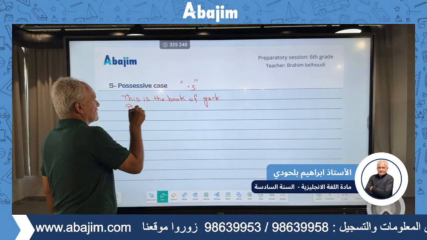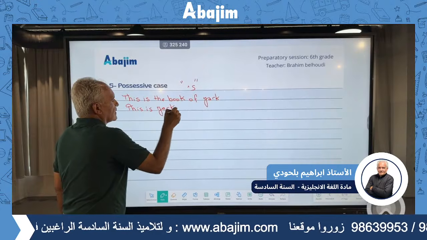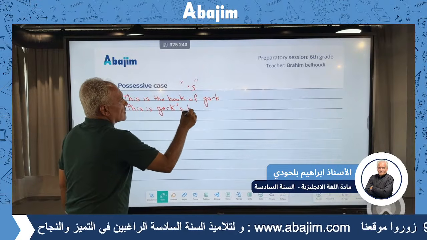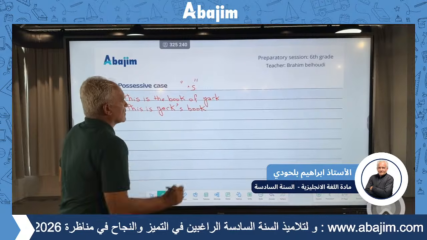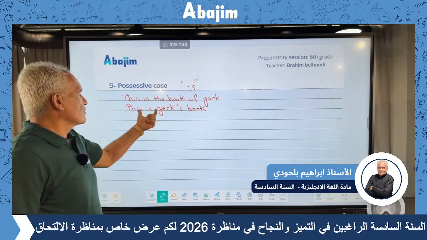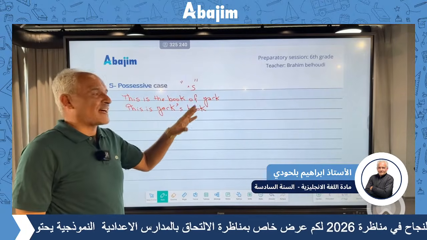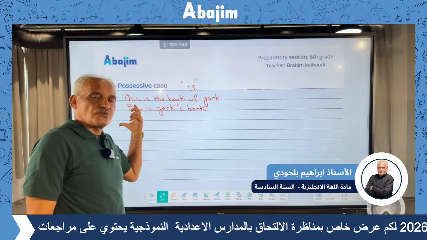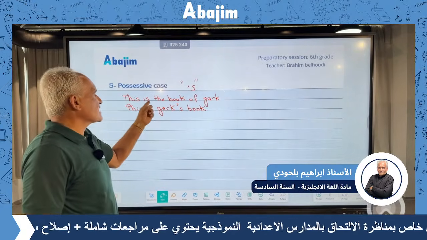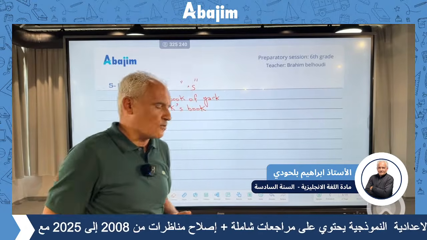This is Jack's book. You see how I transform this sentence to the possessive case. So I use the apostrophe S to show that this object belongs to someone. Okay? So this is the book of Jack, or I can say this is Jack's book.